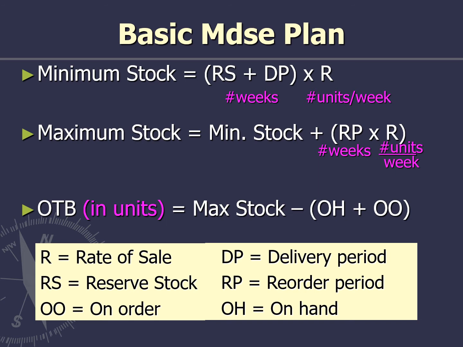By being able to calculate the open to buy at any point of time, the order can be placed automatically through the automatic replenishment system, or placed manually by a buyer, at the maximum of the open to buy amount or any less than the open to buy, to ensure that you stay somewhere between the minimum and maximum in your stock level.